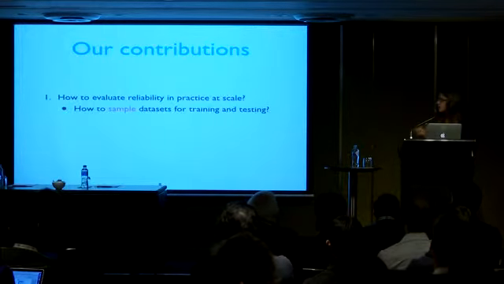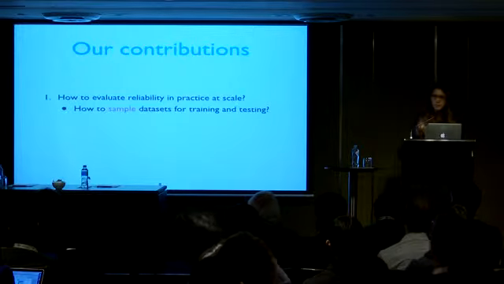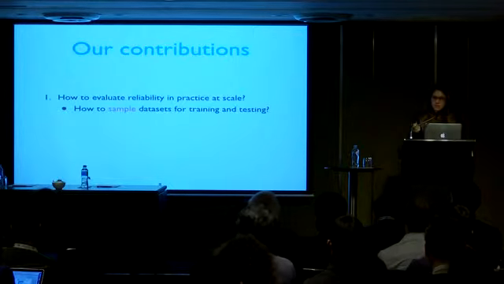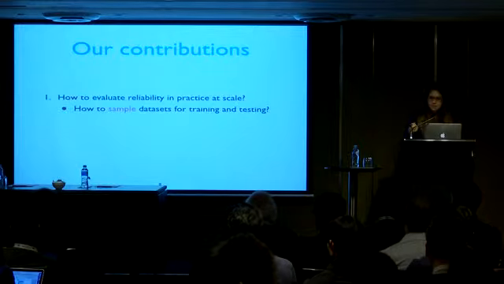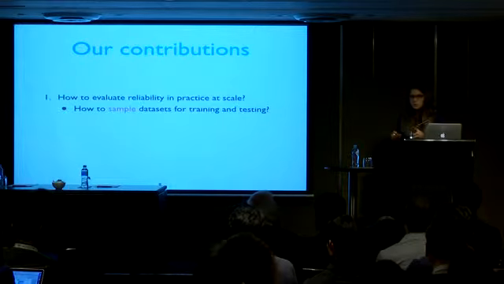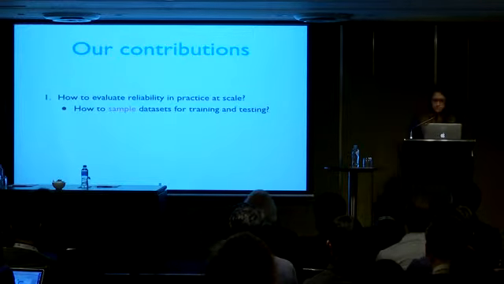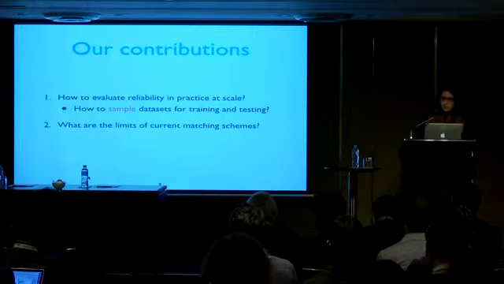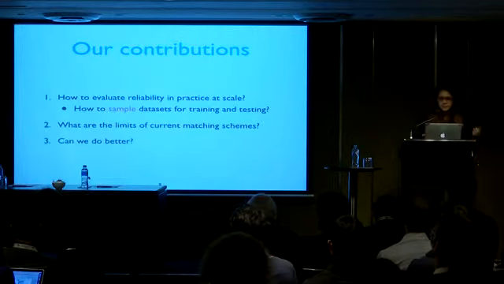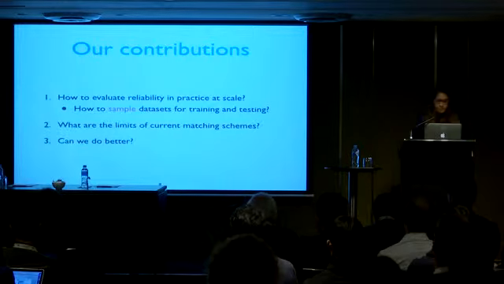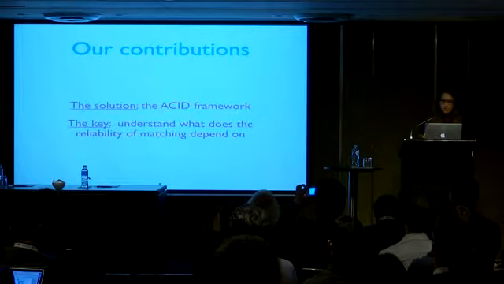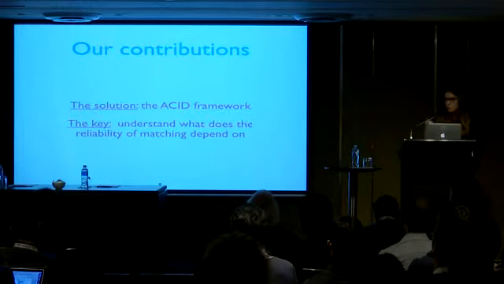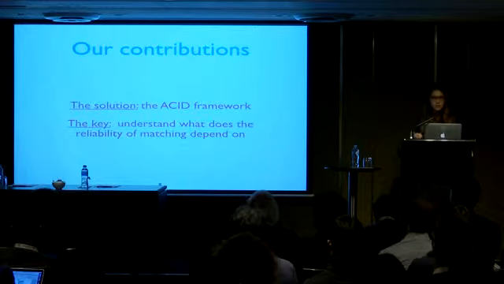And more precisely, we have to see how we can sample data sets for training and testing matching schemes that actually catch the hardness of the problem in practice. Then we can test the limits of current matching schemes, and finally we can see whether we can do something better. So to reason about these questions, we proposed a supporting framework which we called the ACID framework.